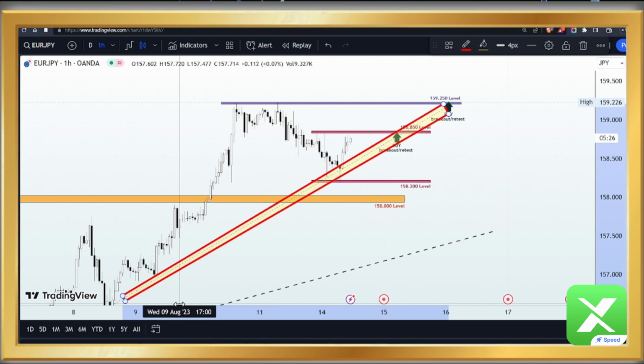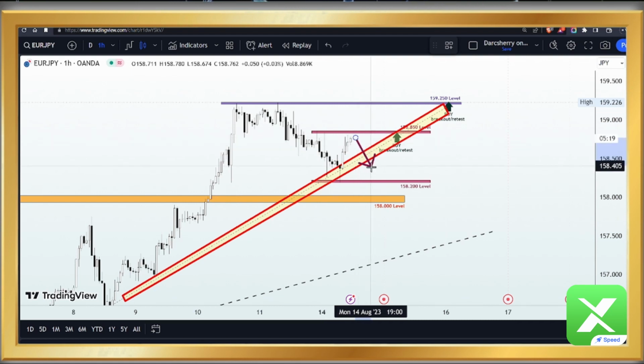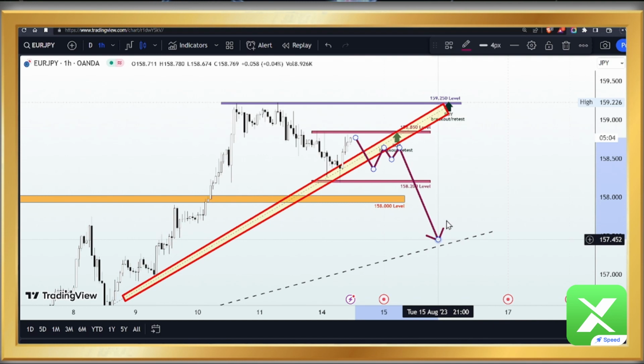And for us to see a confirmation here, we will need price action to break down. Then we scale down into the lower time frame to look out for confirmations that buyers are finding it difficult to climb back above that ascending trend line, which of course would reflect on the chart as continued retest of that ascending trend line. Then we can join a bearish move to the downside.